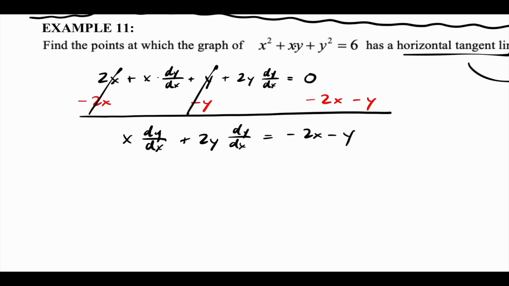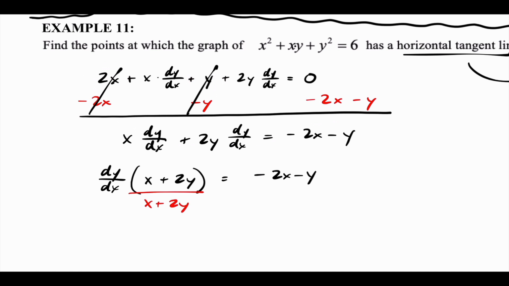Factor out a dy/dx, just like I've been doing. Divide by what I don't want to stay.